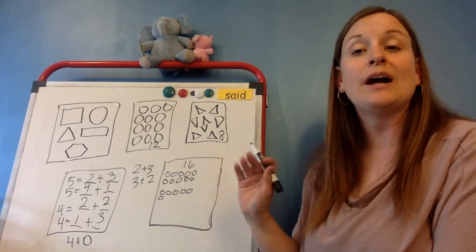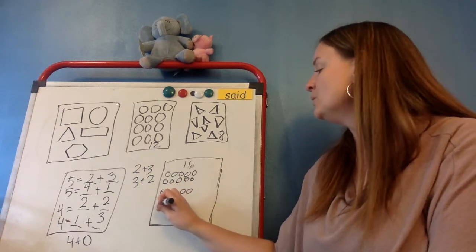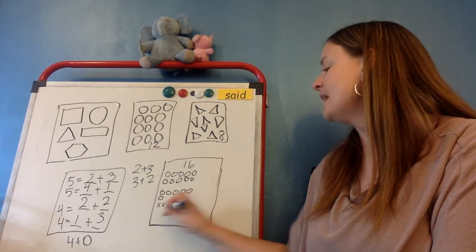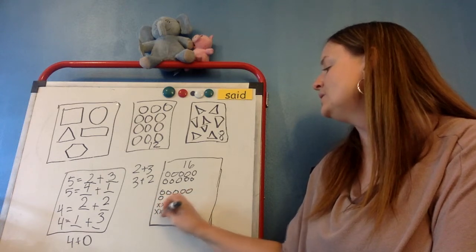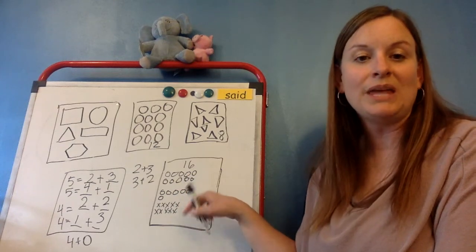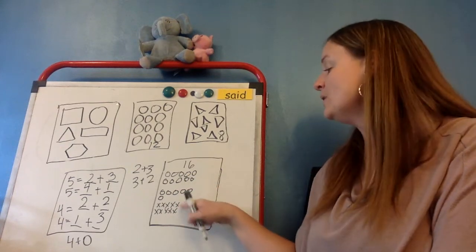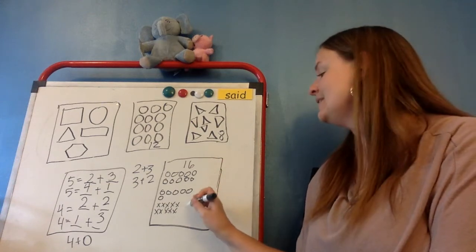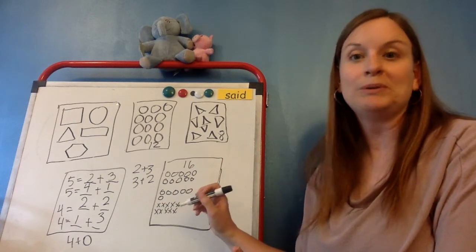Now, if you wanted to draw X's, you would go 1, 2, 3, 4, 5. 1, 2, 3, 4, 5. And again, try to line up the X's the best you can. I know when I have 2 rows of 5, I now have 10. And the ladybug would love it because it's a group of 10.